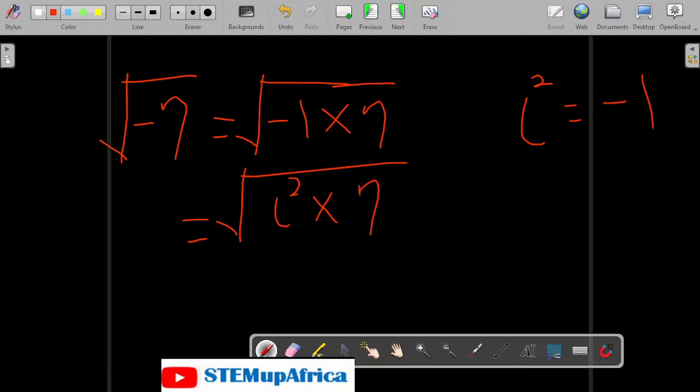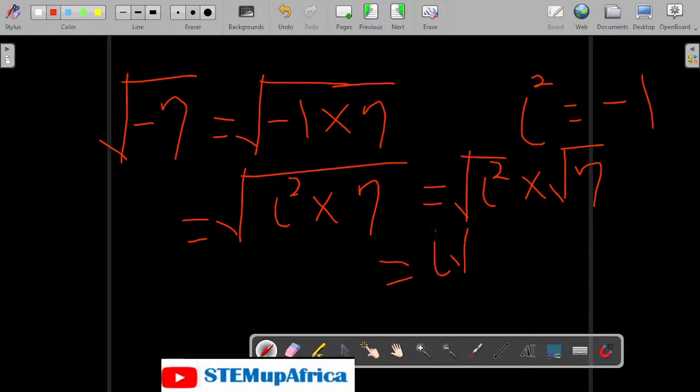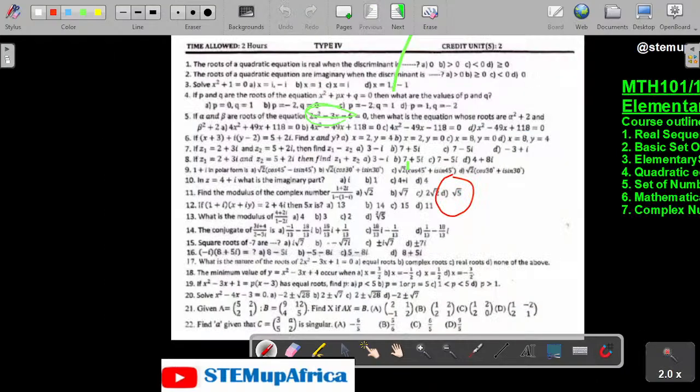If I apply the law of surds, that will give us the square root of i square times the square root of 7. I can take the square root individually. i square will now give us what? i. And what? Root 7. So the square root of minus 7 is i root 7. Let's go back and see which of the options is correct. That is i root 7, which is option A, the correct option.